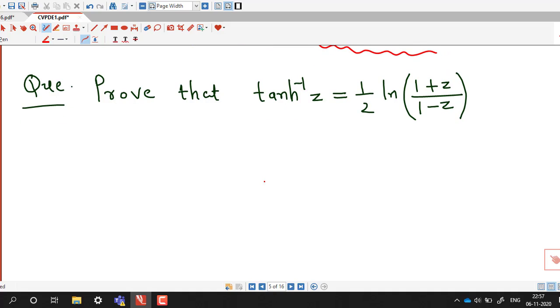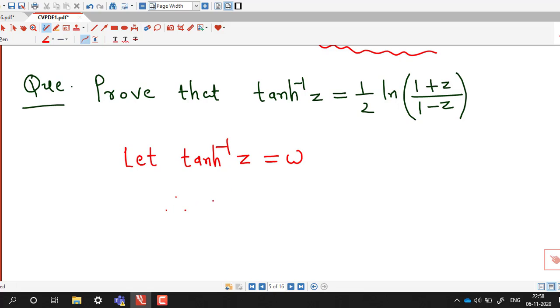Now we try to prove the formula for tan hyperbolic inverse z. So we have to show that tan hyperbolic inverse z is 1/2 times log of 1 plus z over 1 minus z. So we start by assuming let tan hyperbolic inverse z equal to w. So we have to show that w equals 1/2 times log of this bracket.